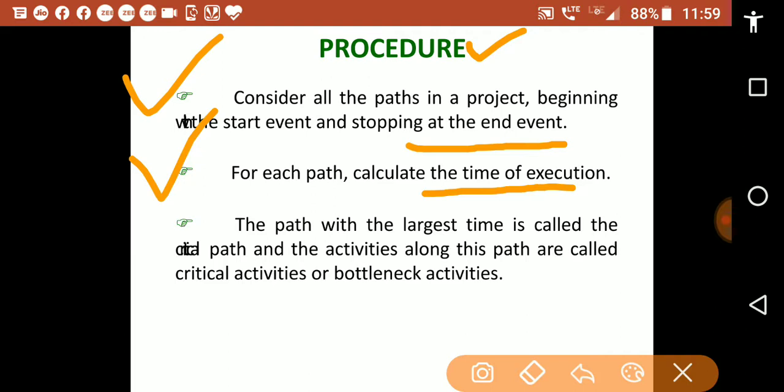And third is, the path with the largest time is called the critical path, and activities along this path are called critical activities or bottleneck activities.